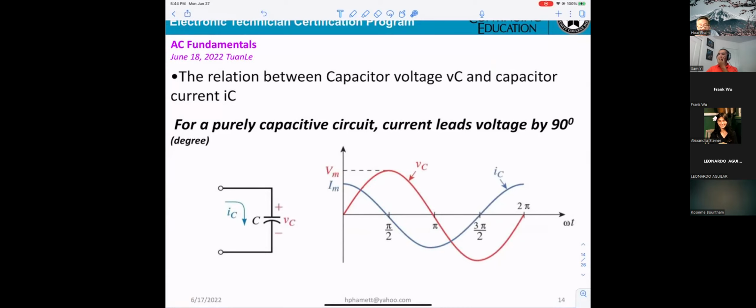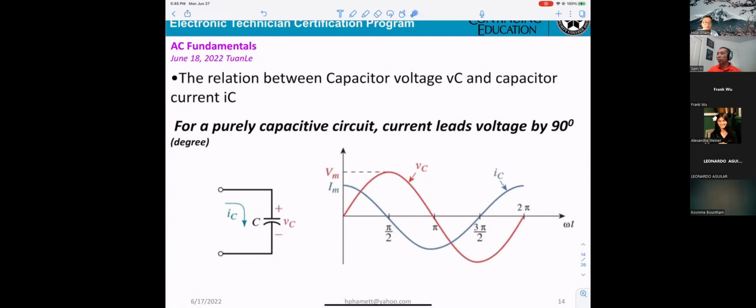For the resistor, voltage VR and current IR have no phase difference. We can say resistor voltage and current are in phase, both going up or both going down. Okay? Any question on this? This one you must remember.